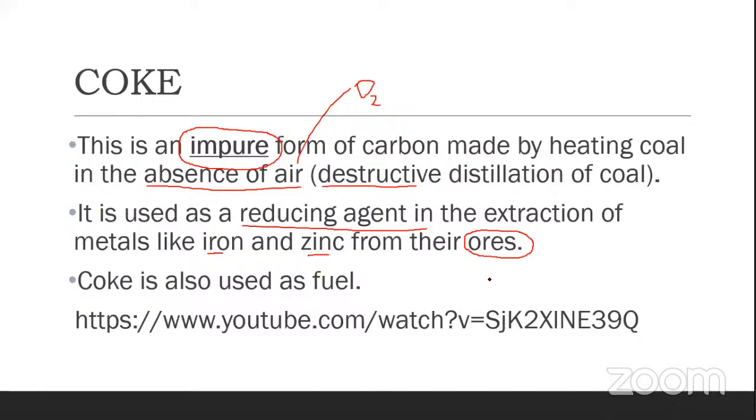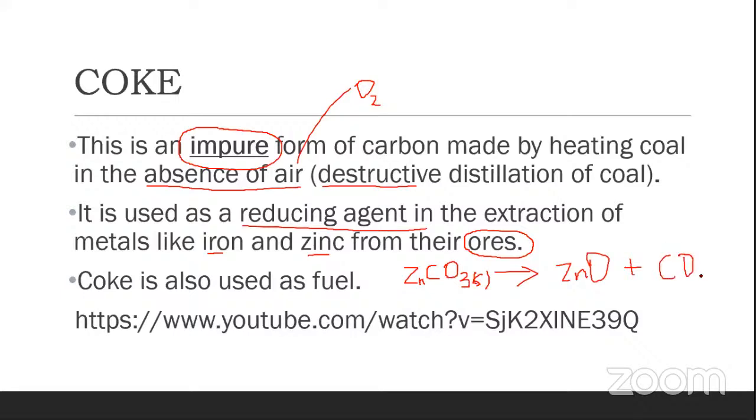So what do we do? For example, during the extraction of zinc, we can get zinc from zinc carbonate. There is an ore we use, which is zinc carbonate. We shall look at it when we go to senior 3, but I can give you a hint. We call it zinc carbonate or spathic ore. Then when you heat it, you get zinc oxide and carbon dioxide.